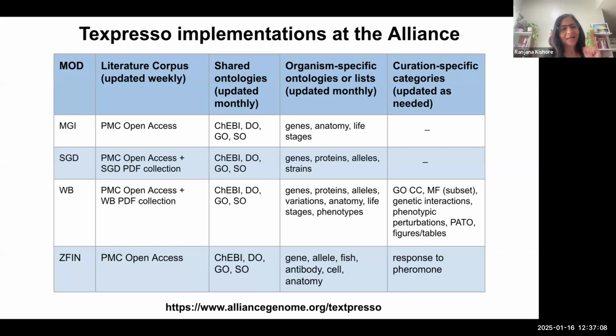Hi, Kimberly. I had a question. I was struck by the thought that we could visualize the search results in the context of the paper. I really hadn't paid attention to that feature, though I'm a regular user of Textpresso. It struck me that it might be really useful for curation assistance, because we're talking about how we can improve efficiency of curation, and we're talking about AI methods in the AI working group at the Alliance.